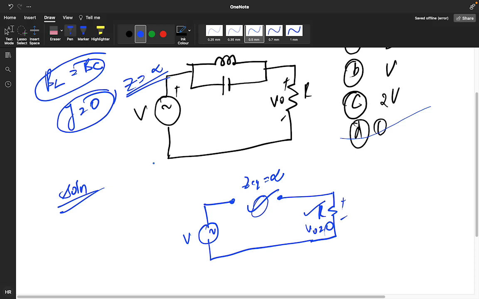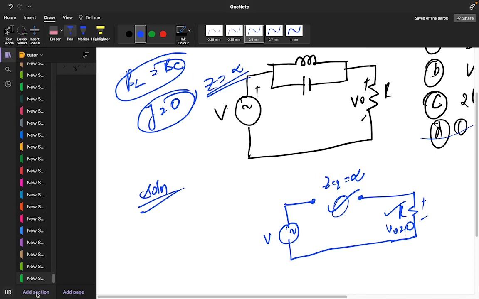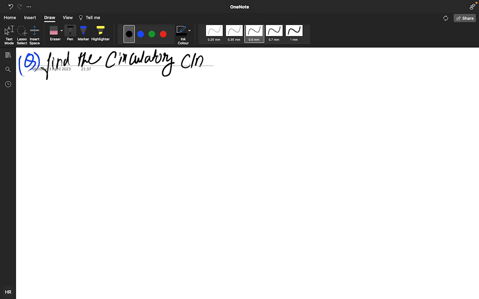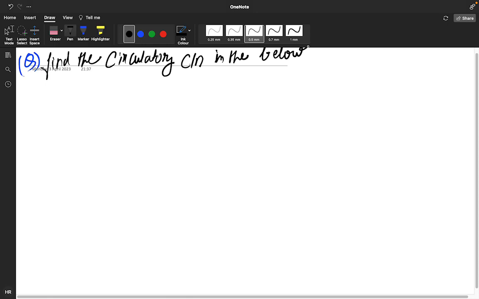One small question, last one small question. You need to find the circulatory current in the below given electrical network.